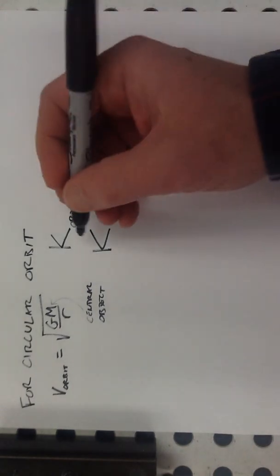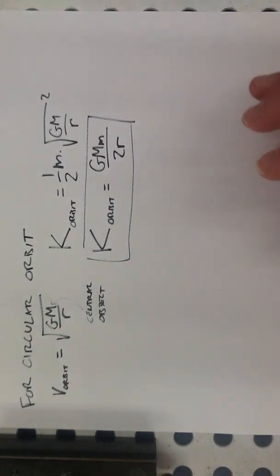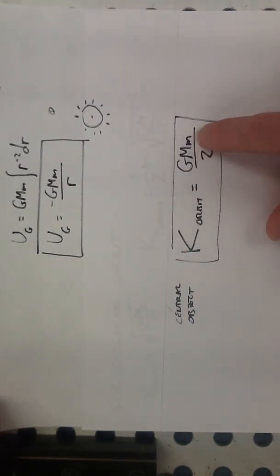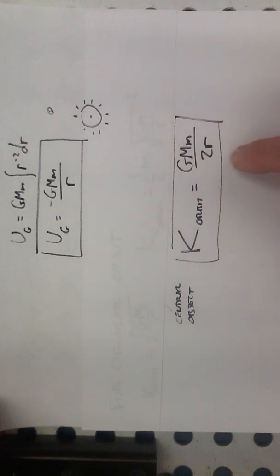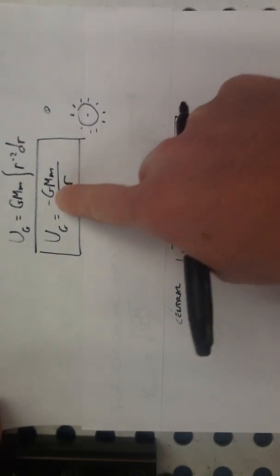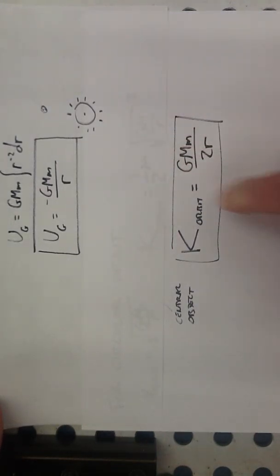And I want to point out to you the similar forms of these. This is negative GMm over r, this is GMm over 2r, but aside from the negative sign here and the constant on the bottom here, we have a GMm over r. This one is on your equation sheet. This one is not.